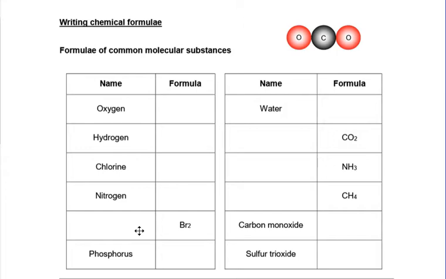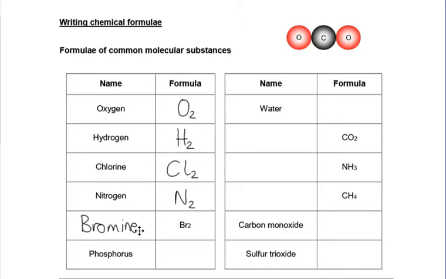So oxygen is one of our diatomic elements. Have no fear of iodophobia, this is the rhyme for the diatomic elements. Hydrogen, H2, chlorine, Cl2, nitrogen, N2. There are only two other diatomic elements. One of them is here, bromine, and the last one would be fluorine.